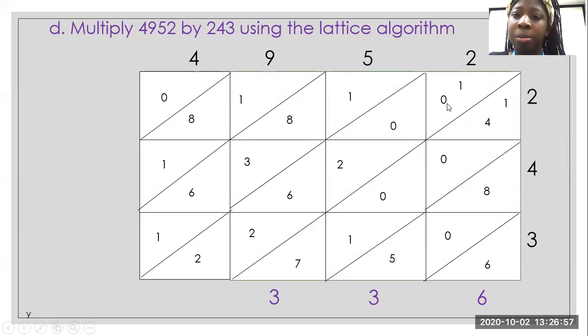Then you have 1 plus 0 plus 0 plus 2 plus 6 plus 2 plus 2, which is 13. 3 will go down, the 1 will go up. So 1 plus 1 plus 8 plus 3 plus 6 plus 1, you have 20. You'll have the 0, and then a 2 will go to the next row. You have 2 plus 1 plus 8 plus 1, you have 12. And then 1 plus 0 is 1.